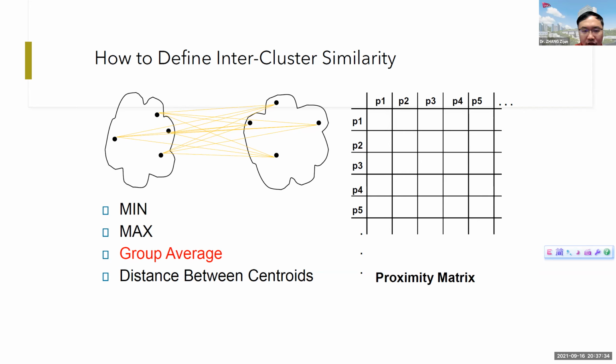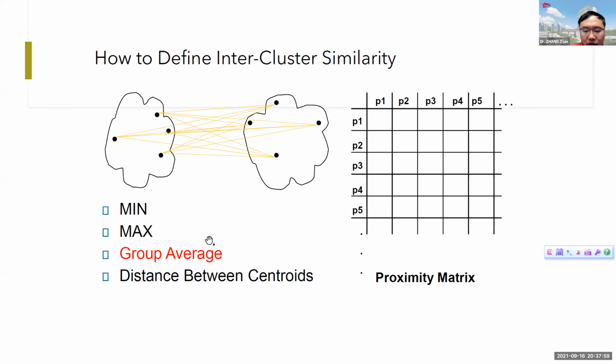Then we take an average. You see this data point can link to this one, to this one, this one, and that one. So there are 4 distances. The second data point also has 4 distances, and the third one and fourth one. So they have a large number of links. Then we compute the group average.